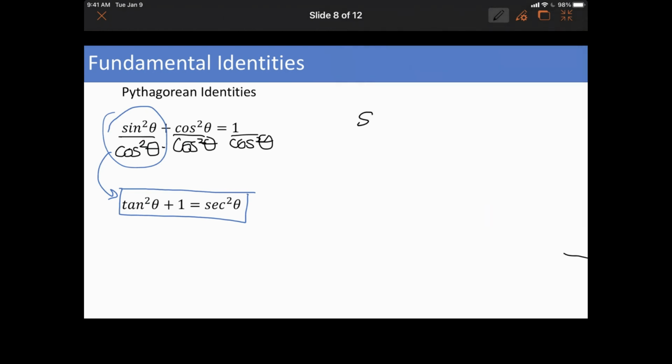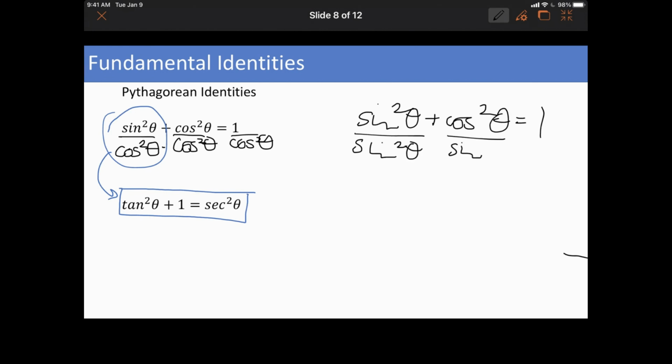What if I start from this again, but instead of dividing by cosine, I divide by sine squared?